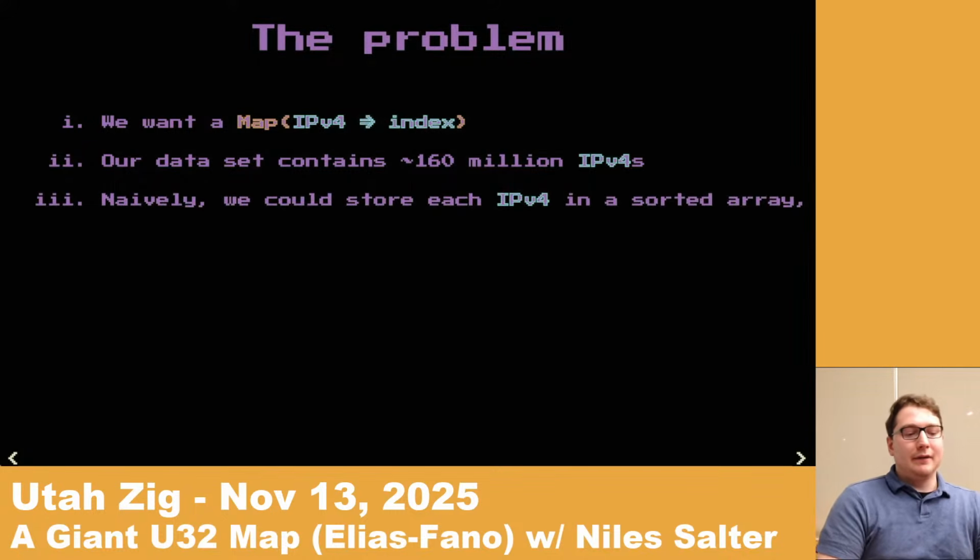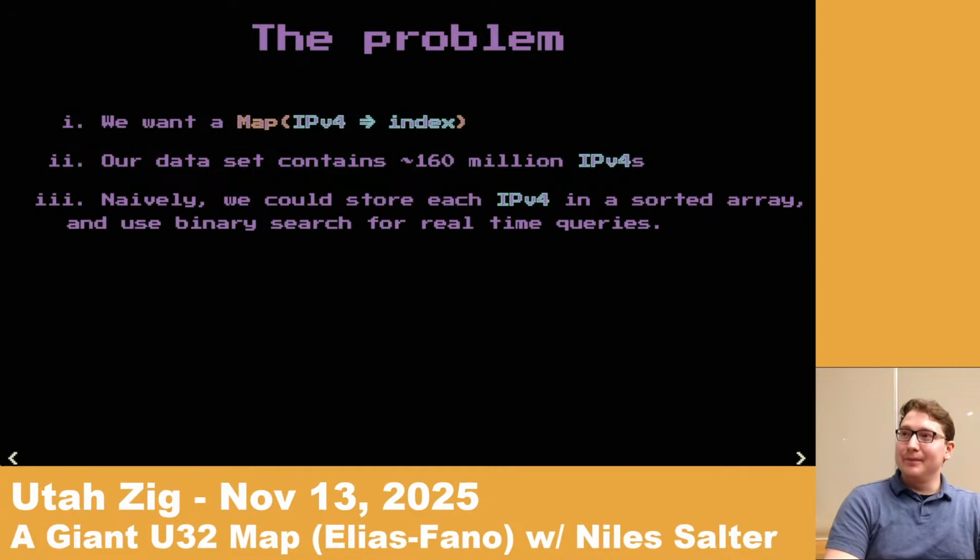So naively, the way that you could solve this is you could have a sorted array of u32s, and for real-time queries, you could use binary search. Without any compression, this is the best you could do for a map implementation in terms of memory consumption.